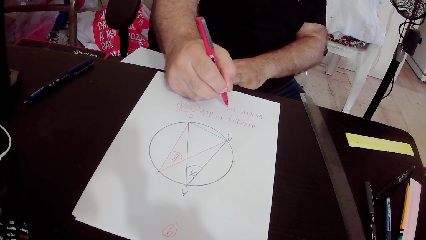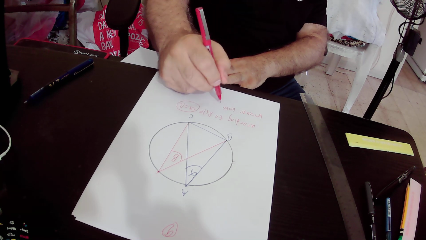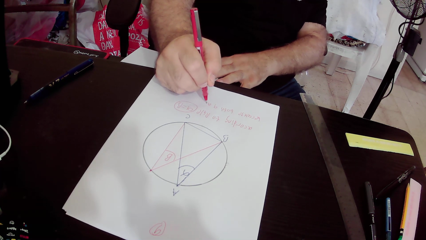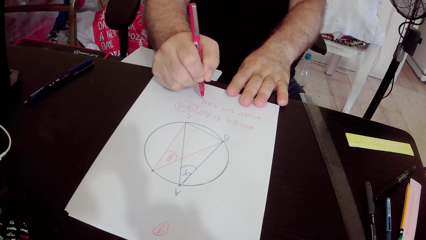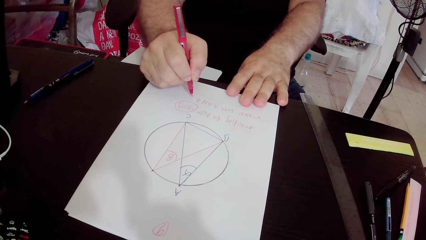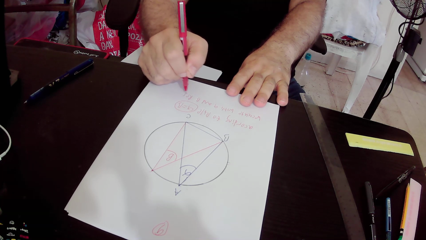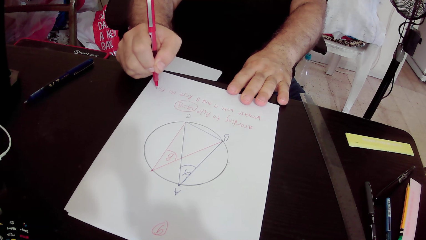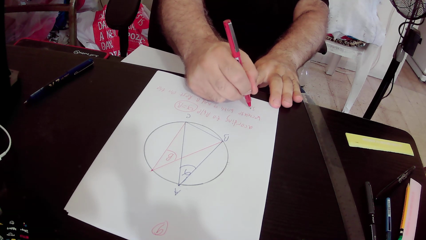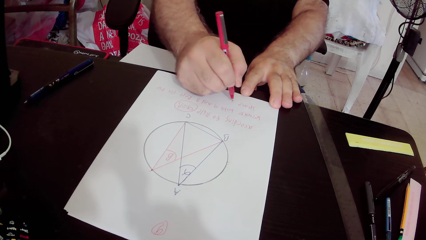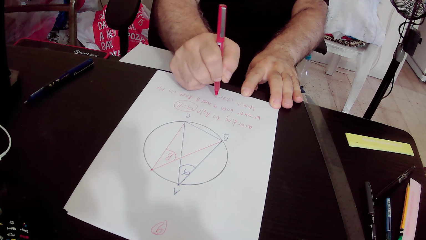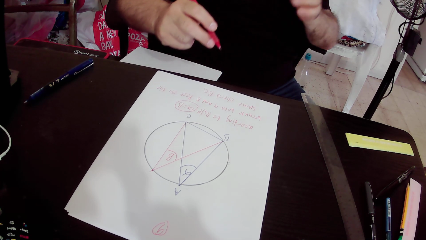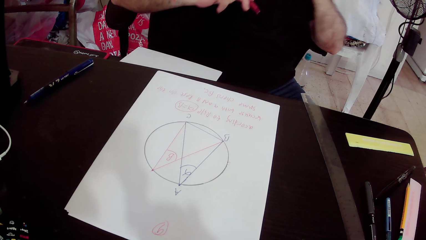For that reason, according to rule number 2, angle alpha equals angle beta.